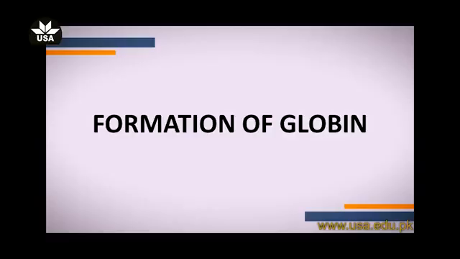Formation of the globin. As we discussed the synthesis of the heme, now let us discuss how the globin portion is formed. Polypeptide chains of globin are produced in the ribosomes. There are 4 types of polypeptide chains, named alpha, beta, gamma and delta chains.